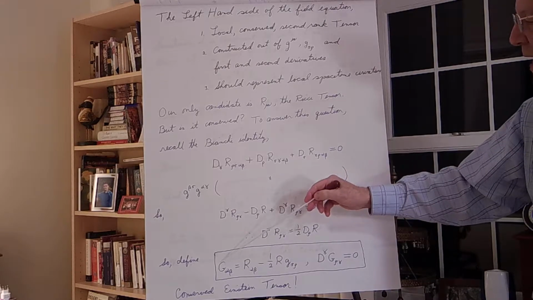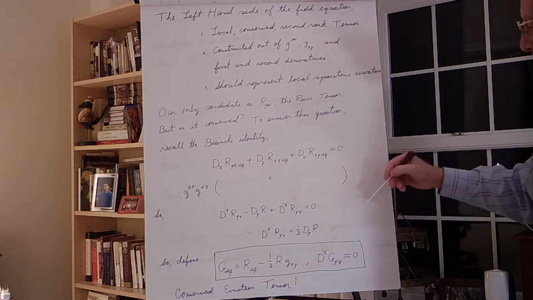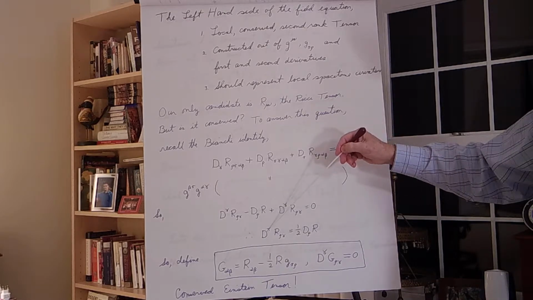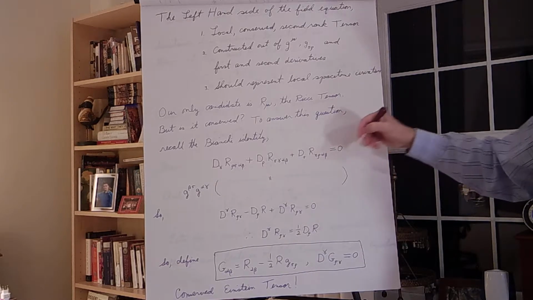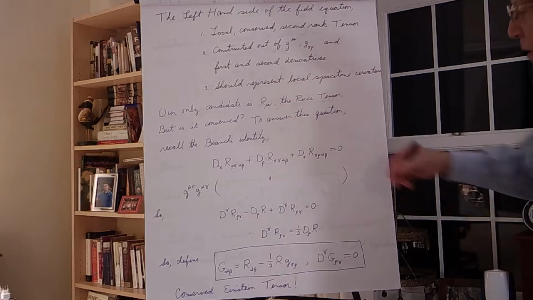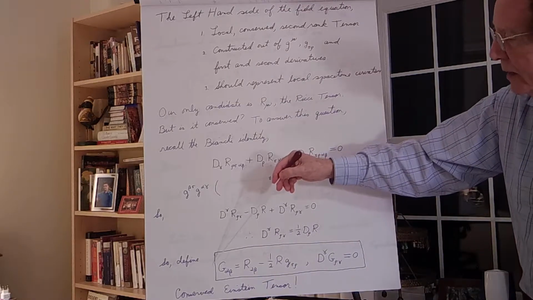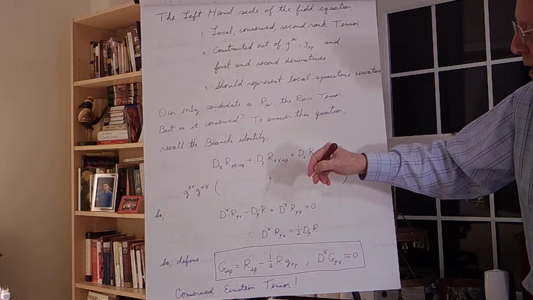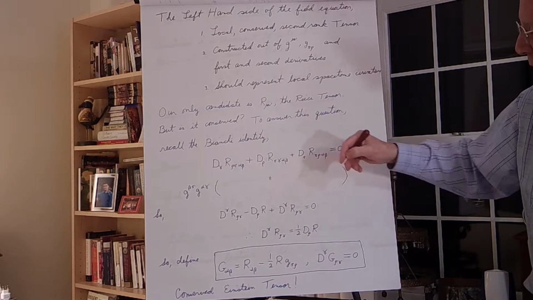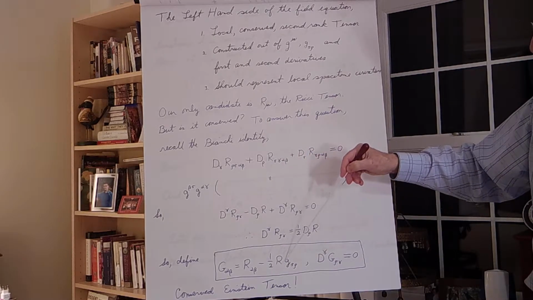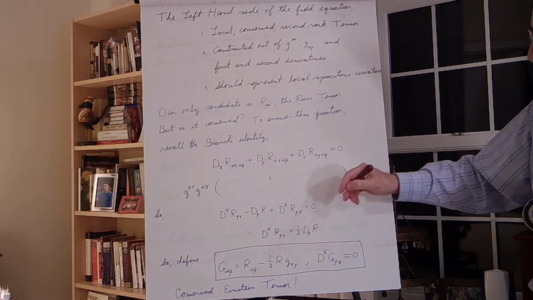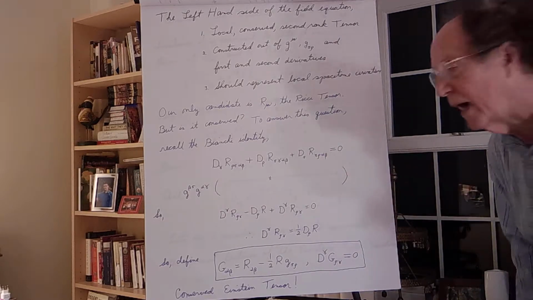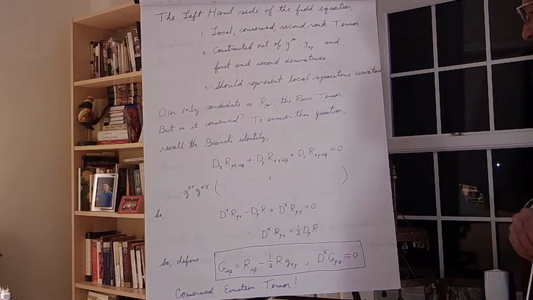Of course, this G, the Einstein tensor, will be conserved by virtue of this identity. So just apply d alpha to this fellow. You'll get d applied to the Ricci tensor, and then you get d applied to the Ricci scalar, and you see with this minus 1/2 in here, it's just right so that G is conserved.